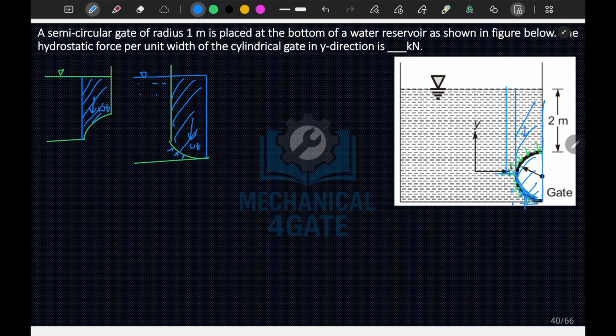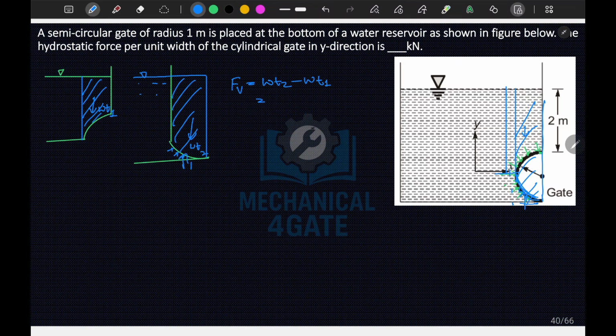If I talk about the net upward force, let's say this is weight 1 and this is weight 2. So the upward force Fv can be written as weight 2, which is greater than weight 1. Now what will we be left with?